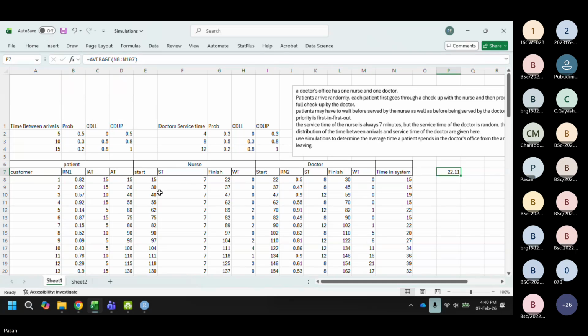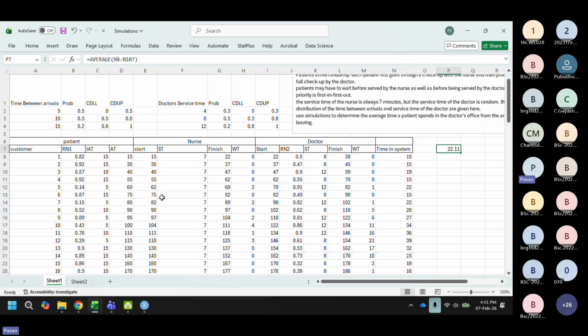Right now, before going into that, what are the other calculations we can have here? Right now we have the waiting times here. So we can take a look at the average waiting time as well, right? So this is the average time in the system.